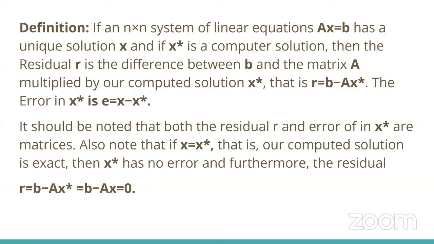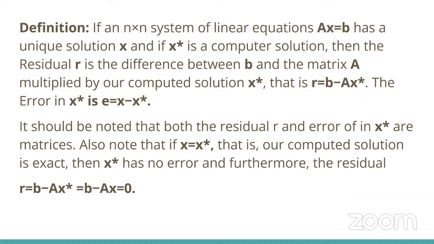Let's assume that's a computer solution. Then the residual is the difference between b and the matrix A times x star. The b there is our known vector, multiplied by our computed solution, which is the approximate solution we have gotten.